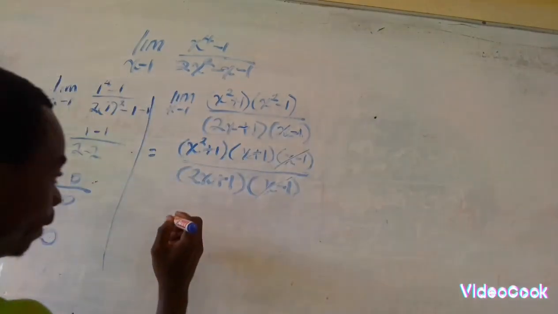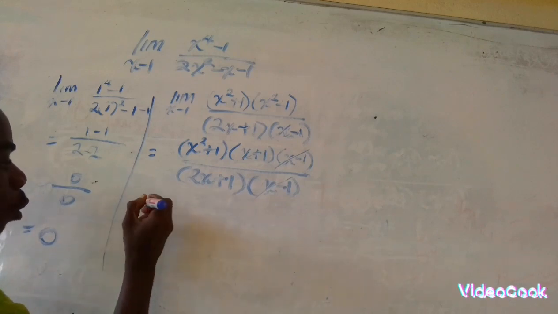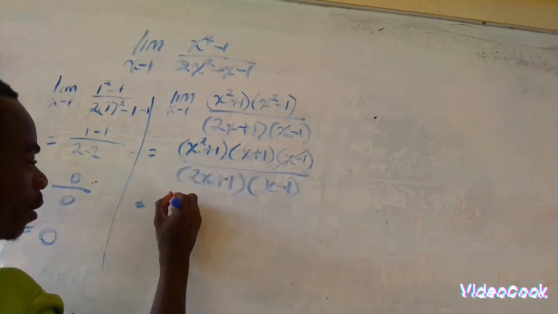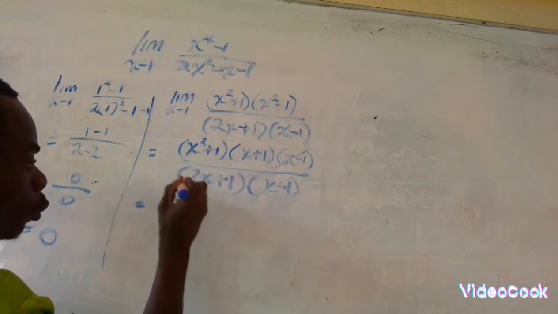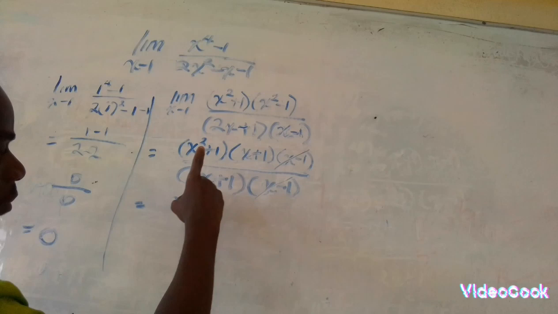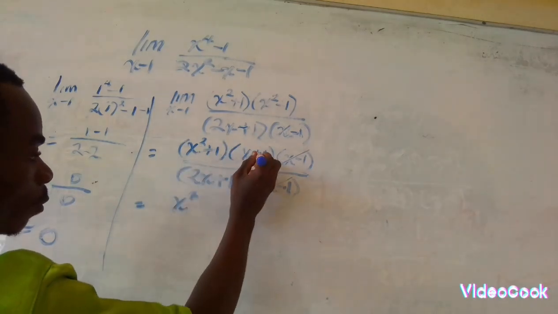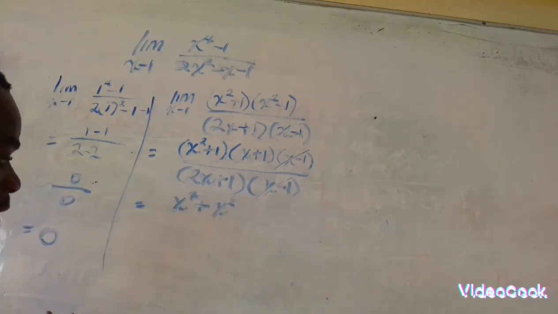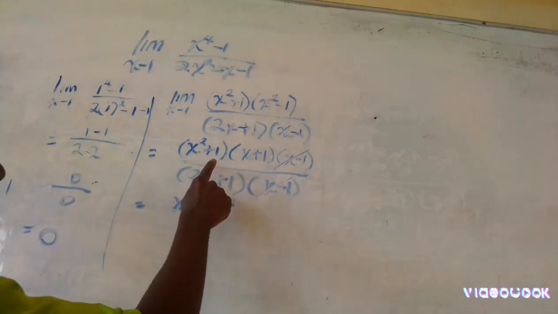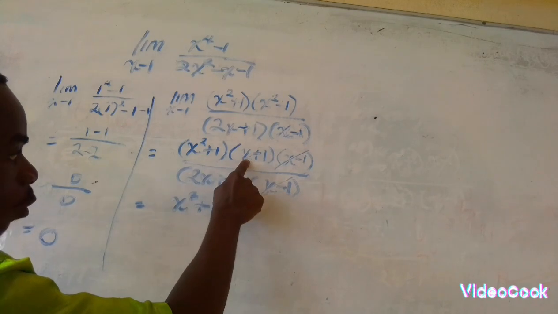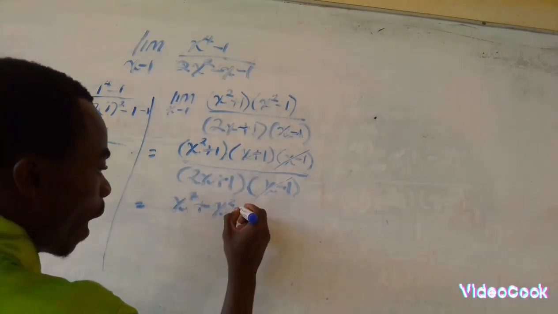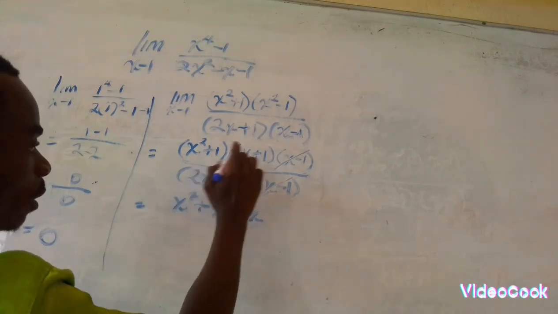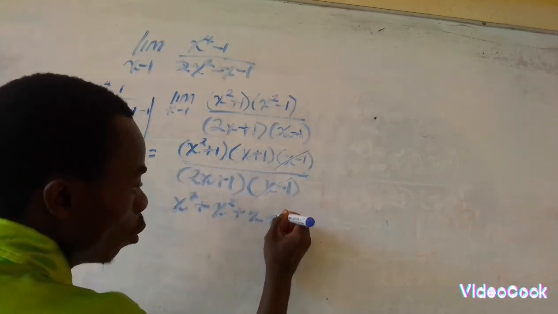This is going to be equal to x squared times x gives us x cubed. x squared times 1 gives us plus x squared. Then we come to the next term. 1 times x gives us plus x. Now 1 times 1 gives us plus 1.